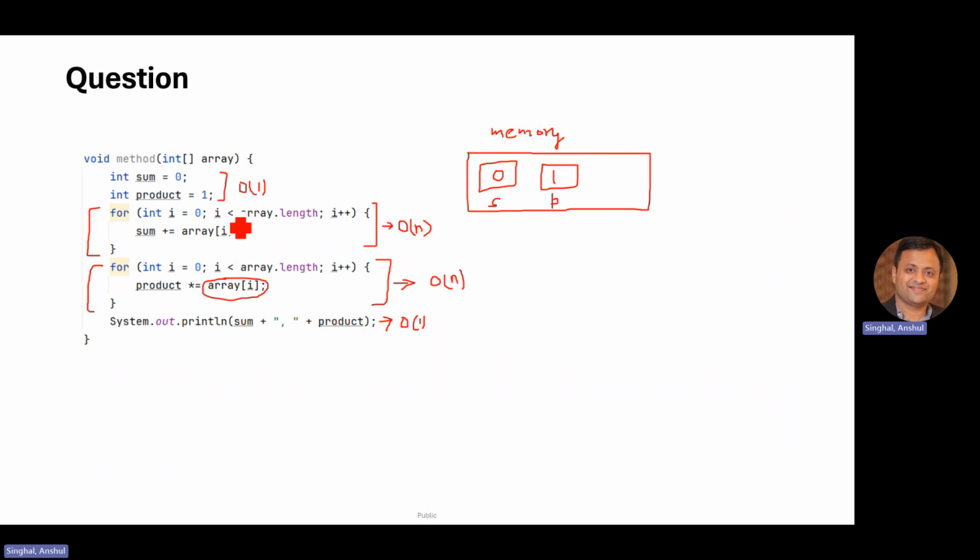Overall, we have gone through the full logic of this method, and the tightest bound comes as order of n. Technically, the complexity is order of n plus order of n, which comes out as order of 2n. But we can drop the constant as we learned previously, so the complexity is going to be order of n.